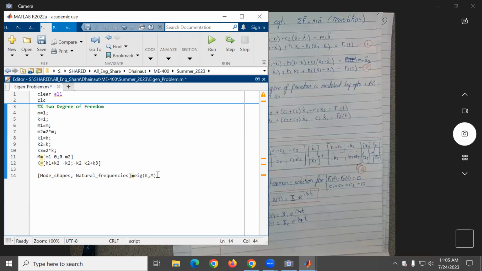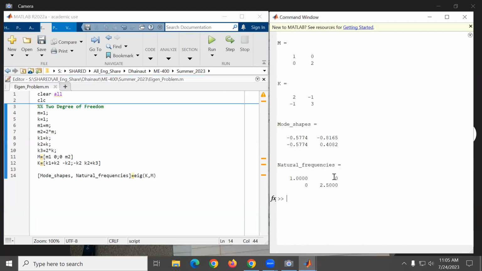Hopefully they don't change the eig function all the time, so hopefully this is going to work. Otherwise I'm going to have to look at help, but that should work. Let's see if I run this. Hopefully it's not going to give any error.